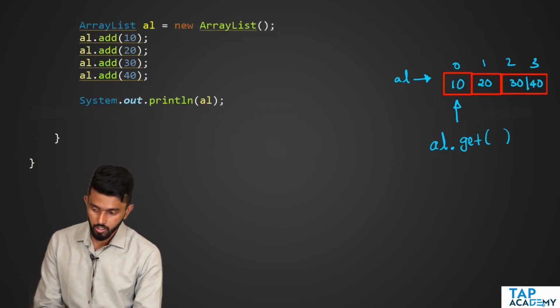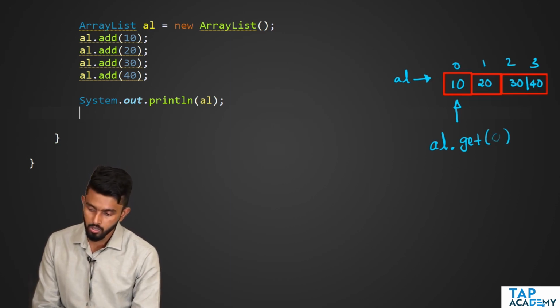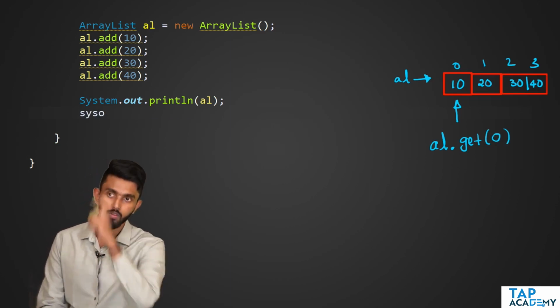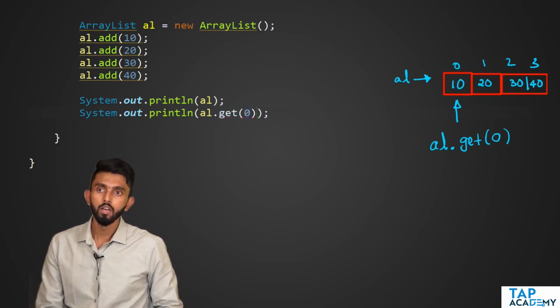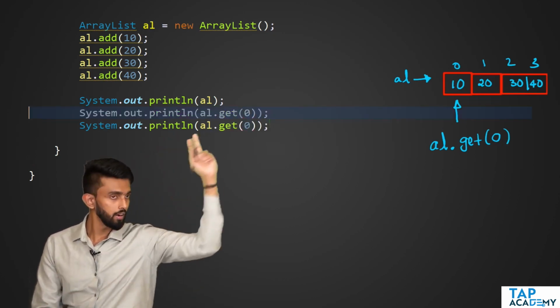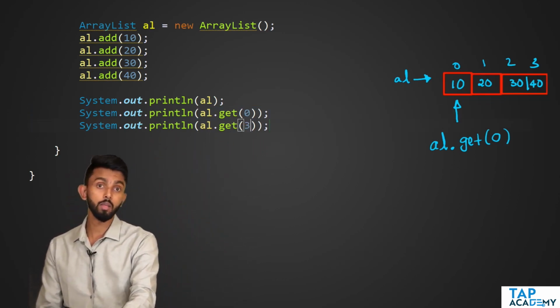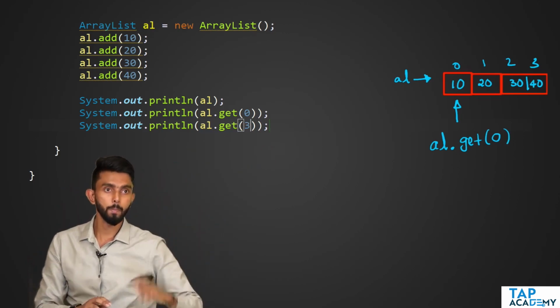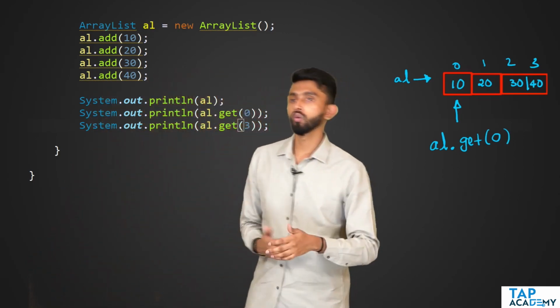Which element? 0th element, first element, second element, third element. I want the 0th element, and I'll just directly print it. Similarly, I'll duplicate this line and I will tell 3. I want 3, which means the fourth element: 0, 1, 2, 3. Will this work? 100%. So watch it.